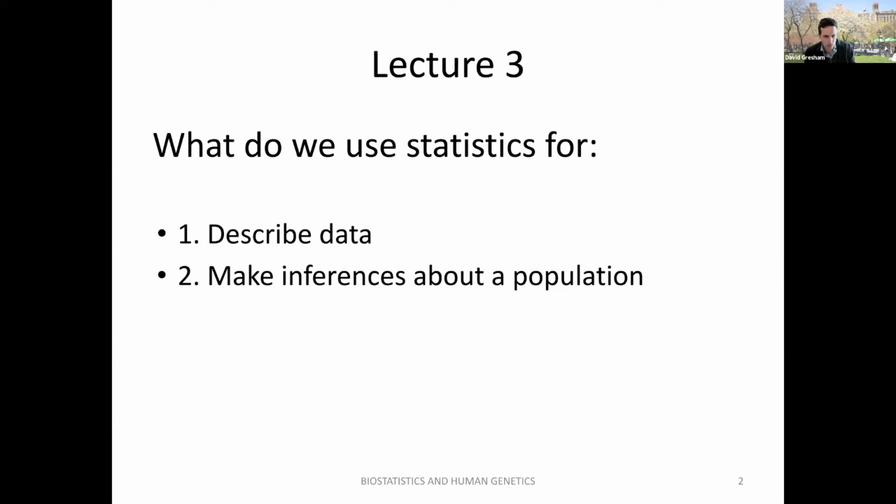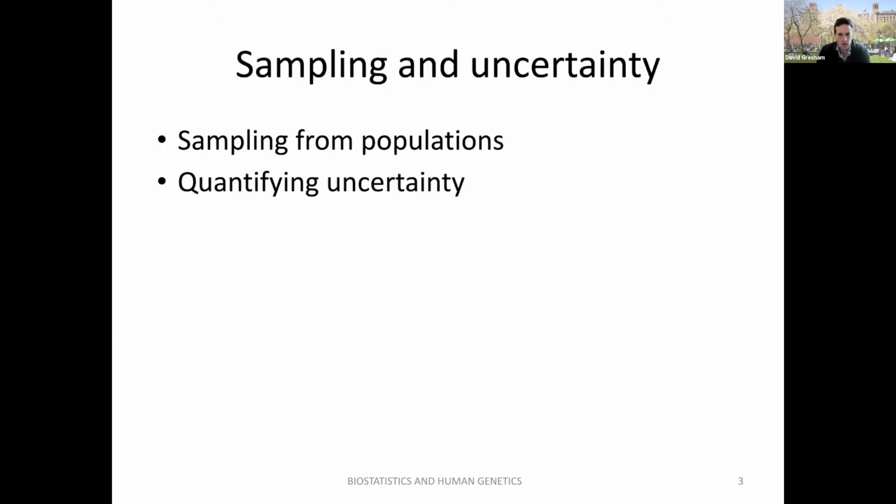And that problem is that what we're trying to do is make inferences about a population using a sample from that population. Okay, and so today we're going to talk about sampling, the process of sampling. We're going to talk about sampling from populations. And when we do that, we're going to talk about quantifying the uncertainty that's associated with that sampling.